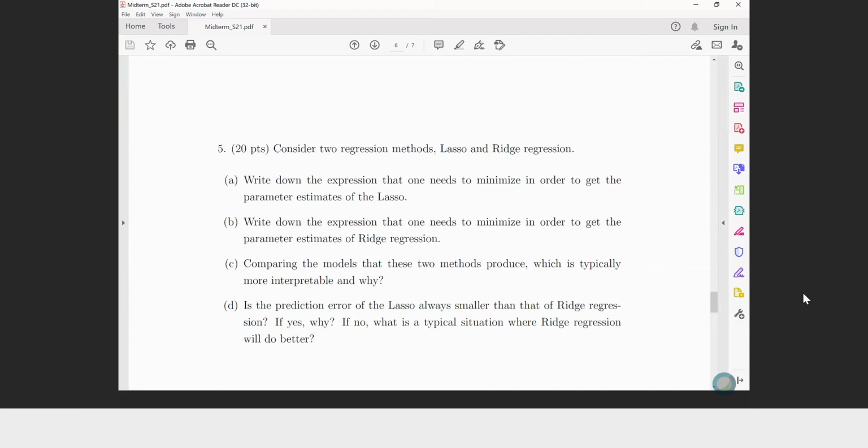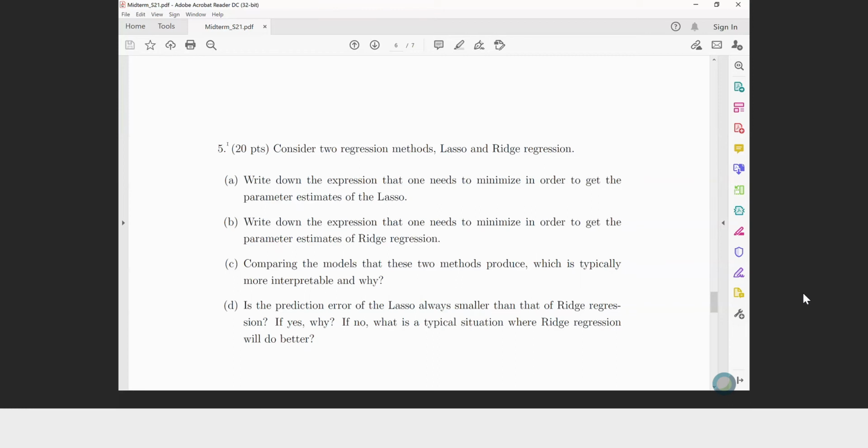If only very few predictors are related to the response, then lasso will work better. I think in class we showed the graphs there. This is okay. This is for question 5.